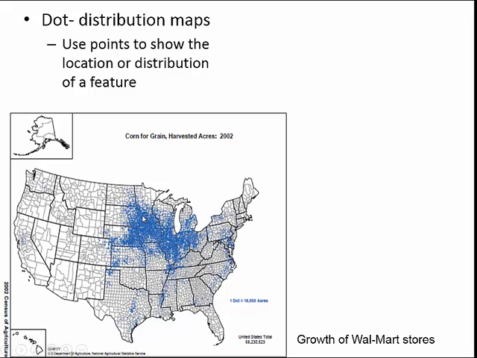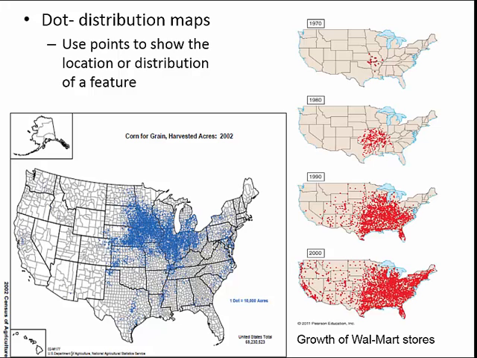So you're seeing, particularly in the Midwest, corn for grain, each dot signifies 10,000 acres of corn being grown specifically for grain purposes.